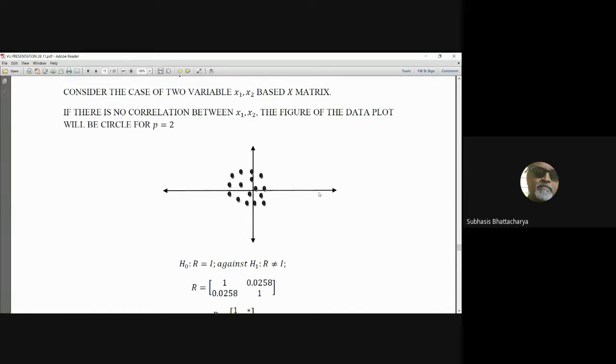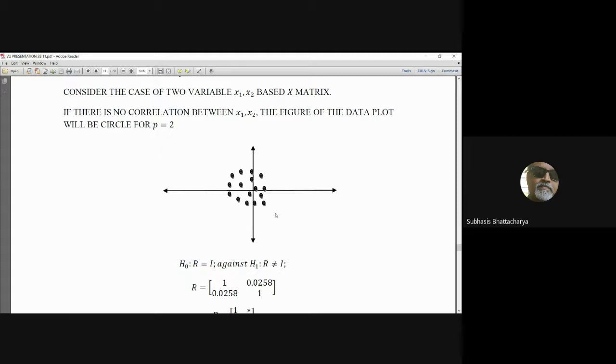Now you rotate this axis again by angle theta, so that it remains the same as a circular or spherical form. The data sets are plotted in such a way that we cannot get any clear idea after the rotation whether there is any change in the variability of the variables.